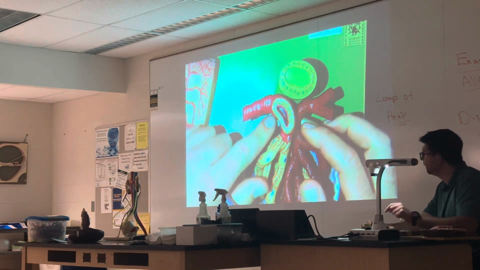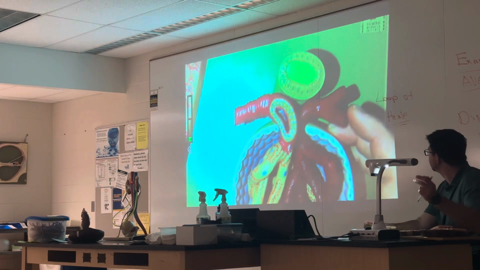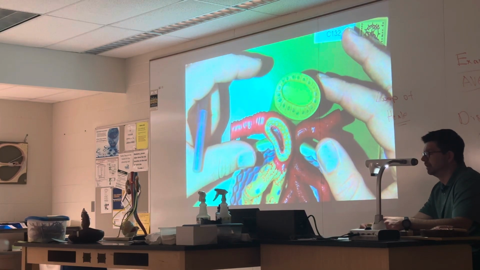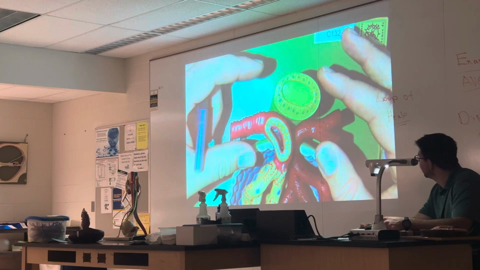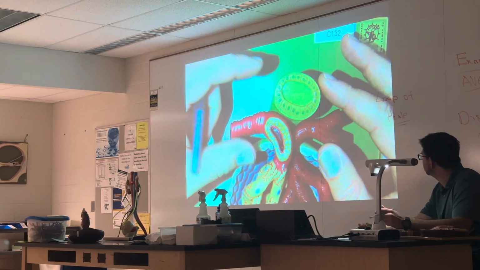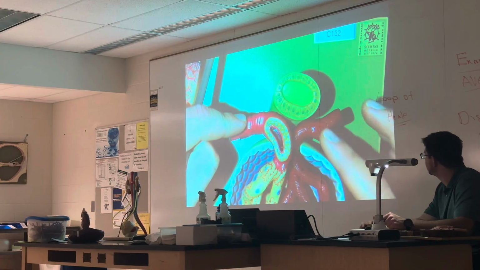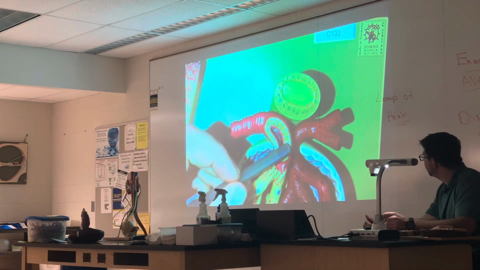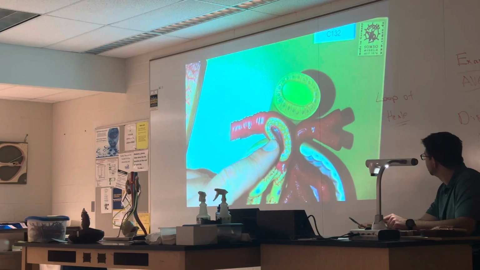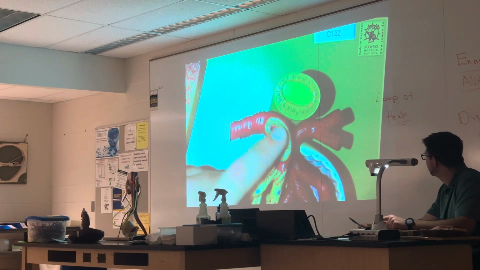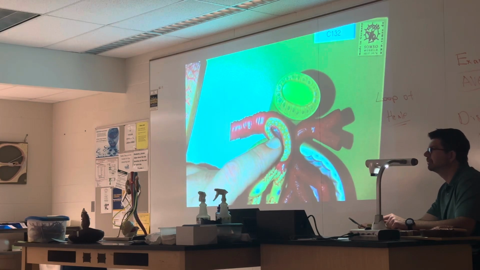Going back up here, right up here, this is going to be your juxtaglomerular complex. So the complex is made up of two major types of cells, and of course the afferent arteriole. These cells right here that line the afferent arteriole and efferent arteriole are called the granular cells.